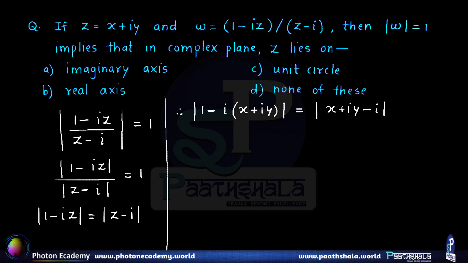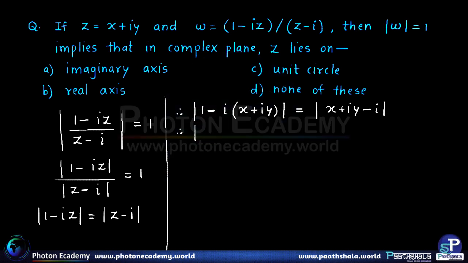Alright, so now collecting the real terms, see, 1 is definitely real, and if you look at minus i into iy, that gives us minus i square y, which is plus y. So therefore 1 plus y is the real part.